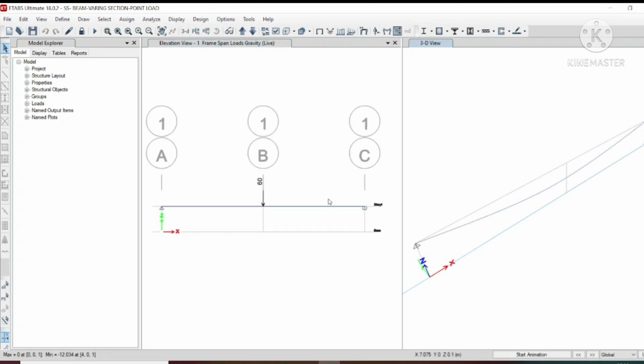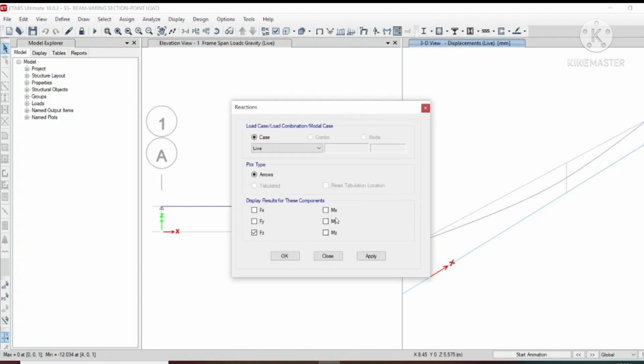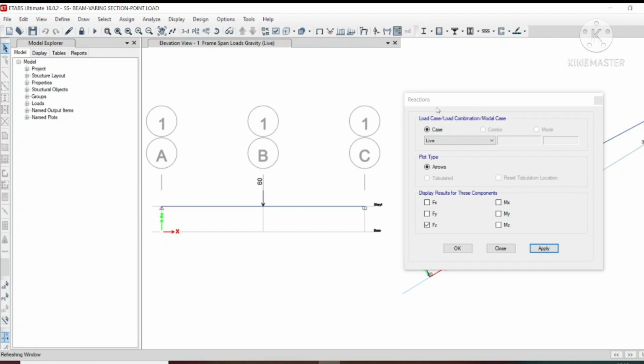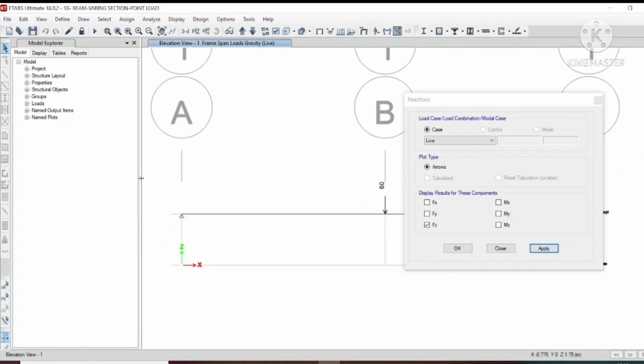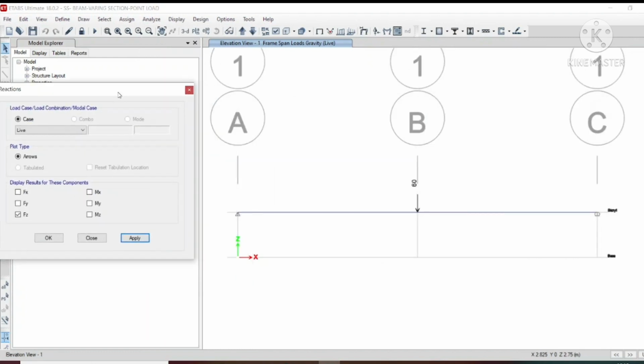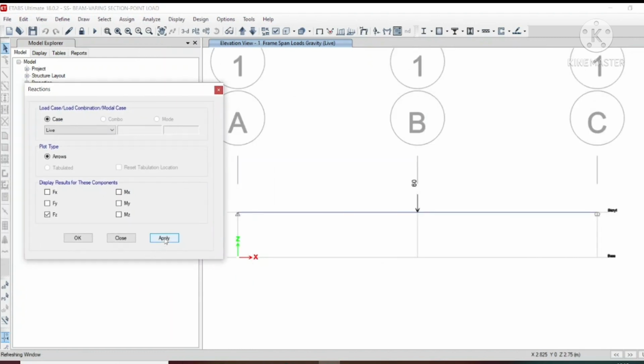Yes, now your analysis is ready. First, let us check the reaction. So you can see here a 30 kilonewton load, which is the reaction for the applied force.